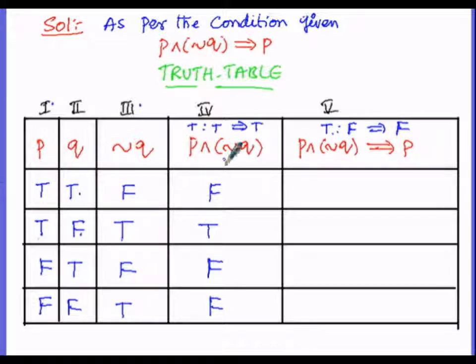So we have to see in a reverse manner. First of all we have to see T for the fourth column, then F for the first column. So here the fourth column and the first column, we need T and F.